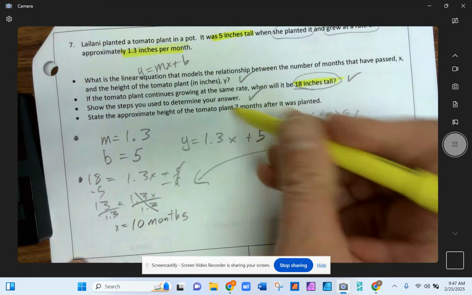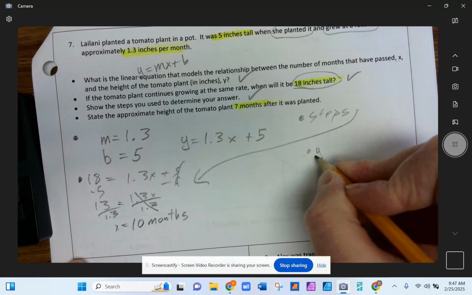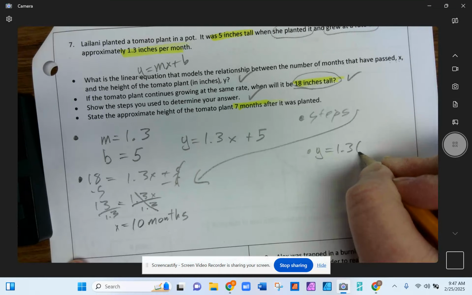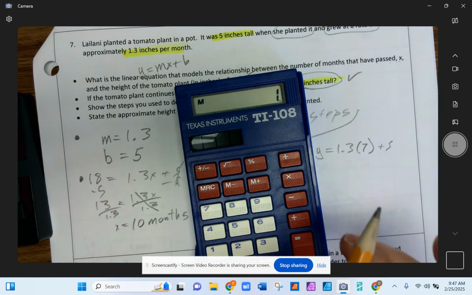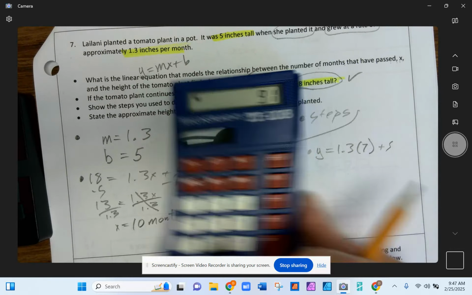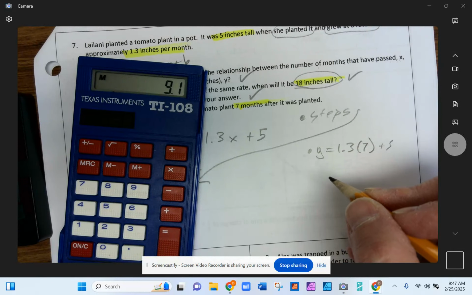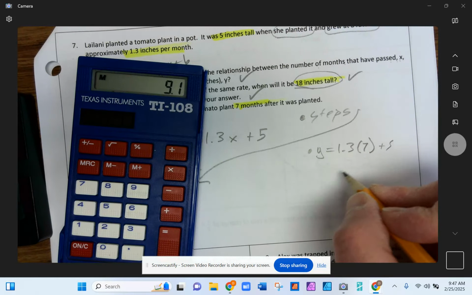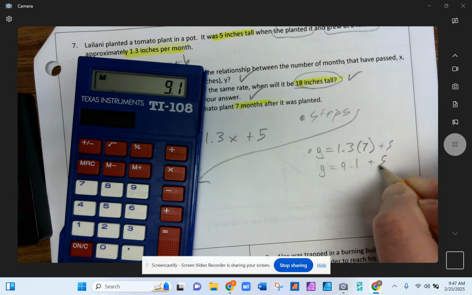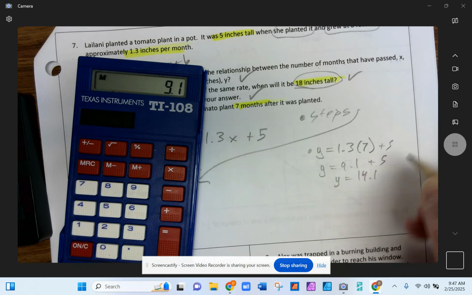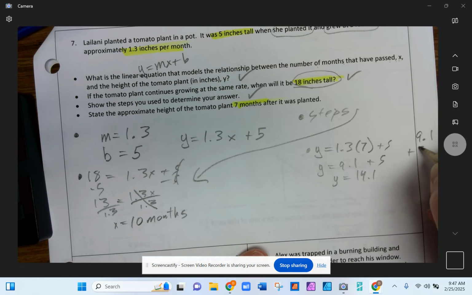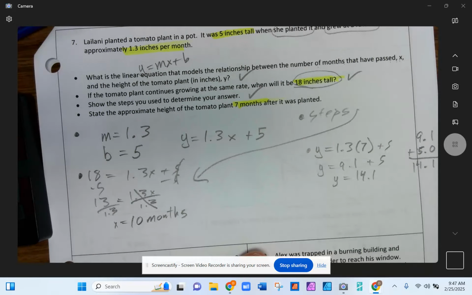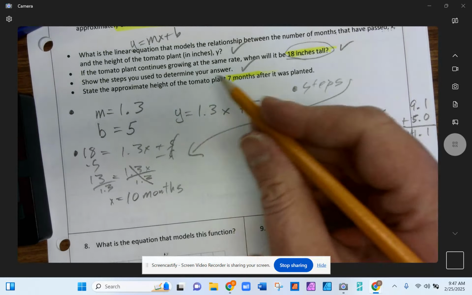So y equals 1.3 times 7 plus 5. 1.3 times 7 is 9.1. So y equals 9.1 plus 5, y equals 14.1. You have to match that 5 with the 9, not the 1, otherwise you're going to screw this up.